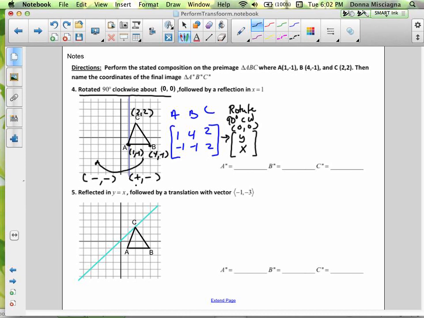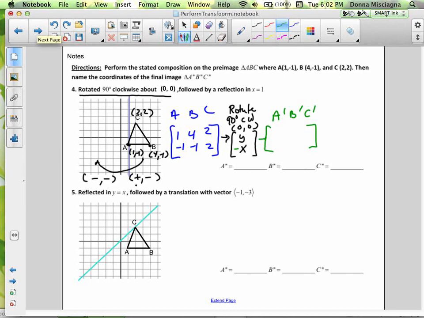All right, so that's going to give us A prime, B prime, C prime. I guess I picked up the pen too soon and it made my negative green. There we go. All right, so we're going to flip and change the signs.